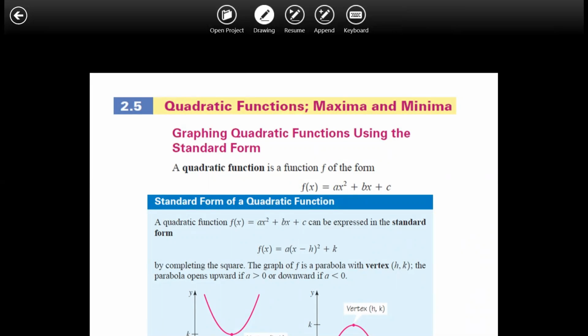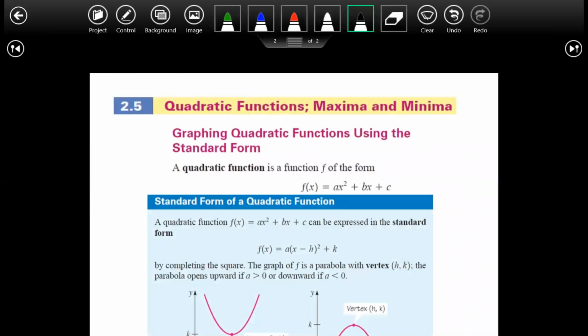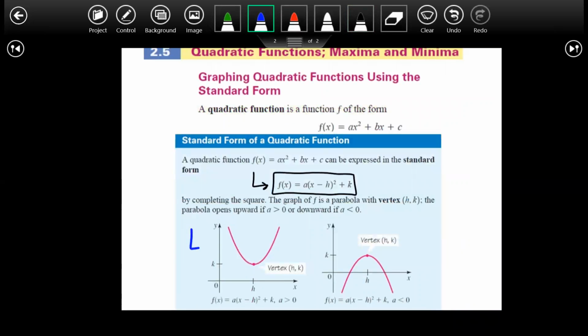Underneath, I want you to write our equation in standard form. I'll tell you right now, you're going to graph this one with your vertex being a minimum. This is a min. And then you're going to graph this one to the right, which is going to be your max.